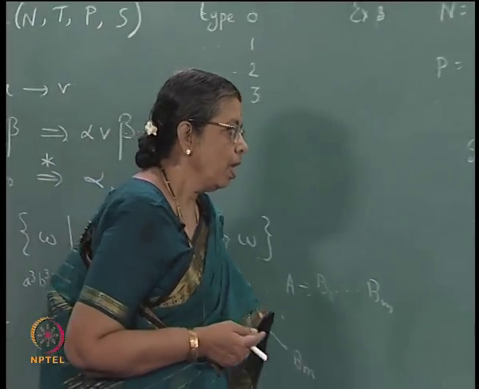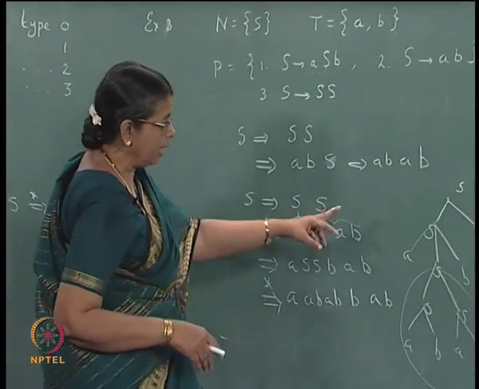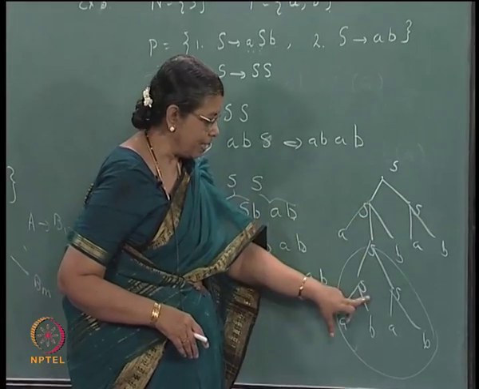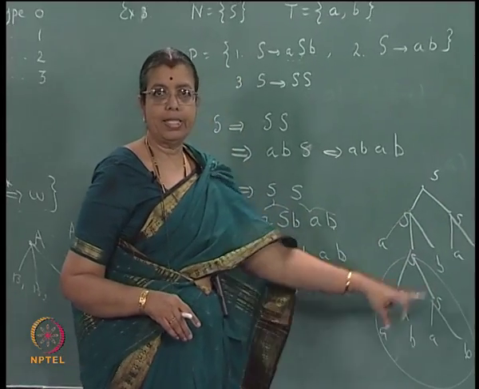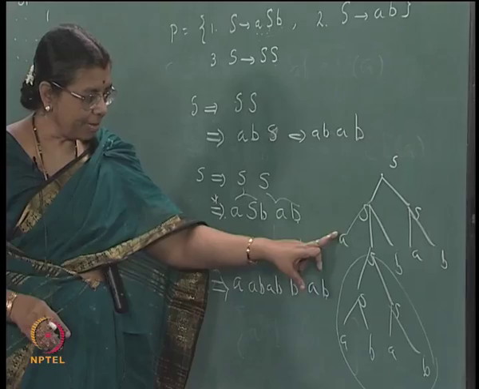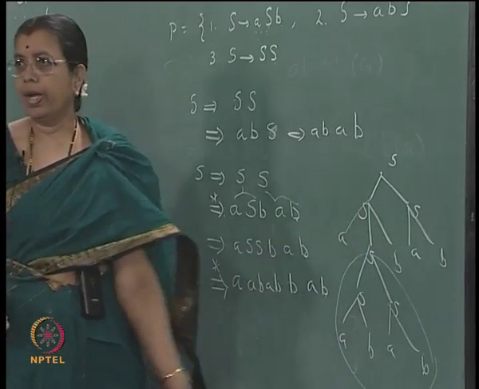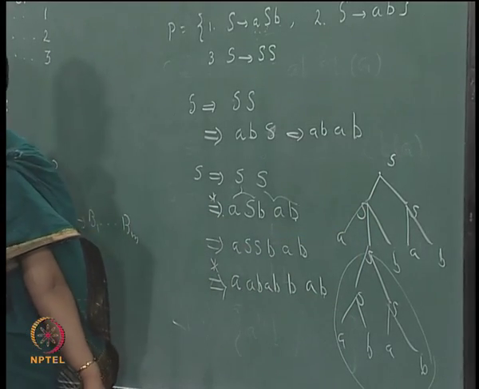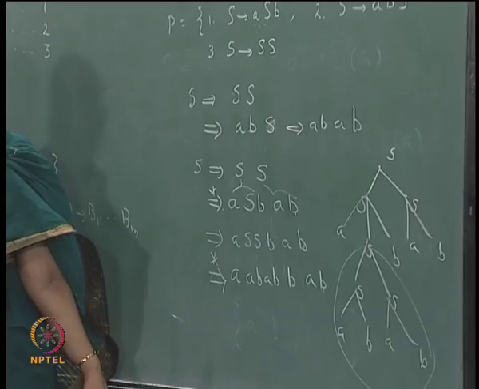The internal nodes have non-terminals as their labels, leaves have terminals, and if you read out the labels of the leaves from left to right, you get the string generated, and that is called the result of the tree.